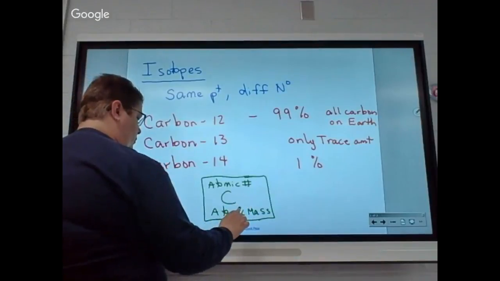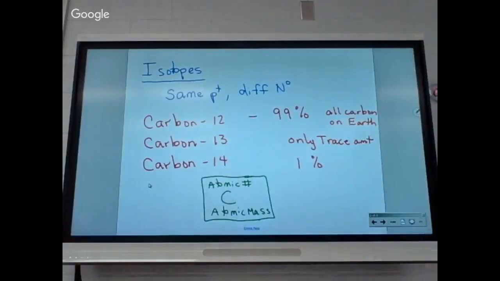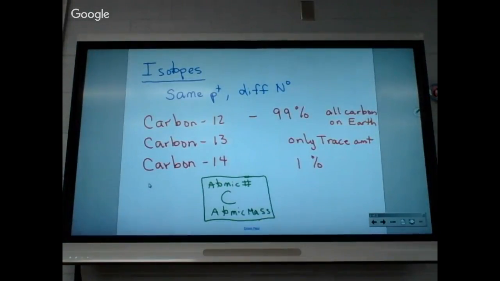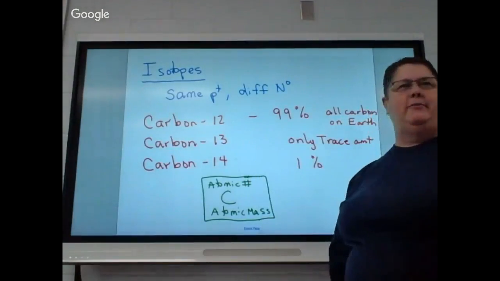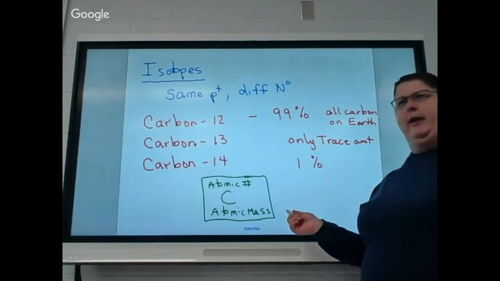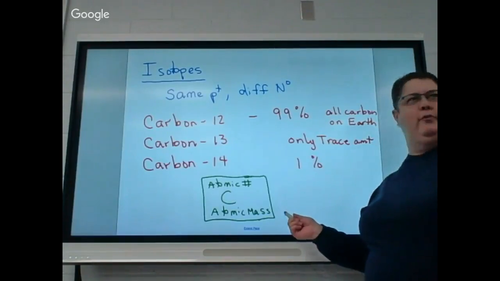Now, when I put that atomic mass down there, how many numbers do I get to put down there? One number. But the problem is, I have how many different types of carbon? I got 3. I only get to put 1. I don't get to put 3.